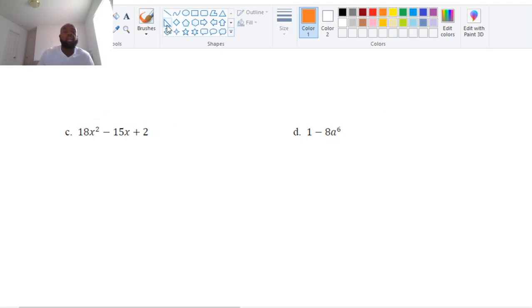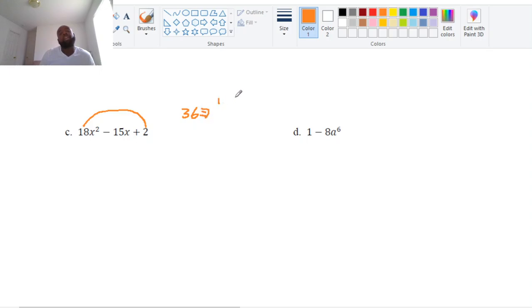What I'm going to do is multiply the 18 and the 2. 18 times 2 is 36. So what I want to do is find two numbers that multiply to give me a positive 36, but add up to negative 15. Now I'm thinking about the numbers that multiply to give me 36, right?